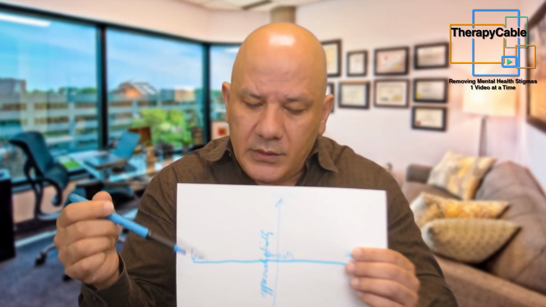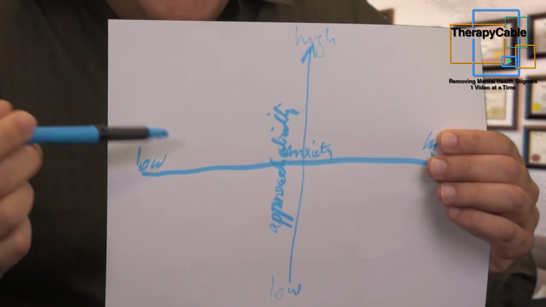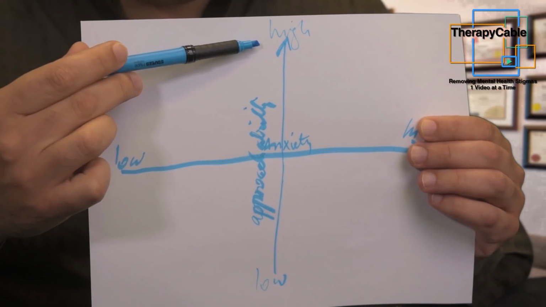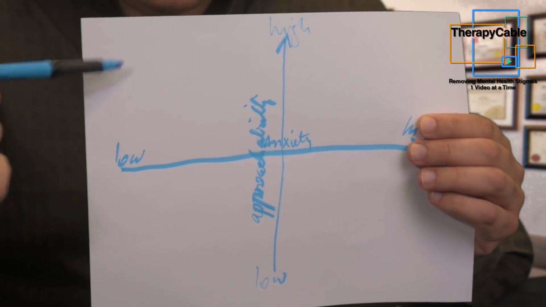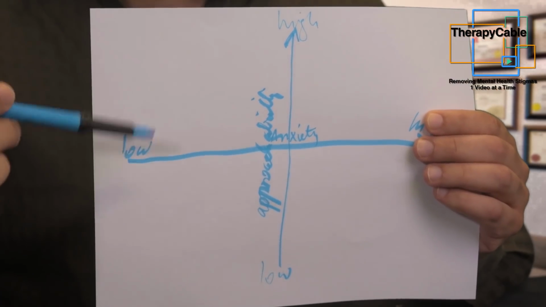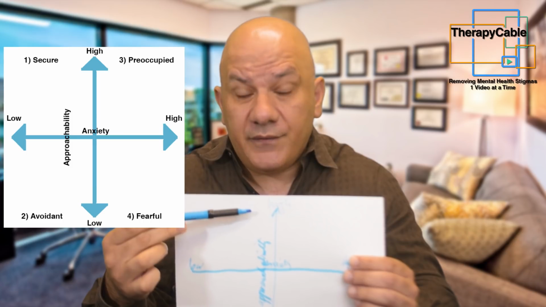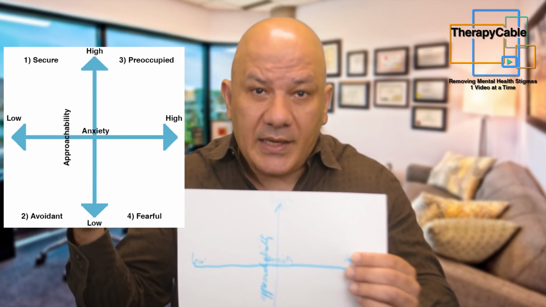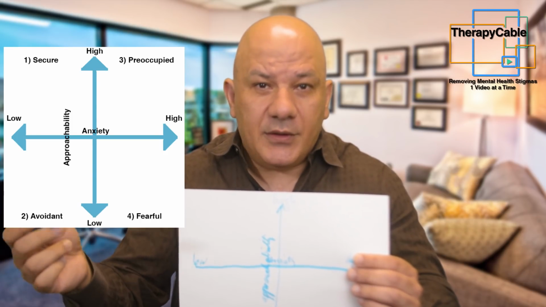So now let's go through this. If a child experiences low anxiety and also experiences that the caregiver is approachable, so low anxiety, high approachability, high emotional availability of the caregiver, then there is an inner experience of I don't have to worry about anything, this is safe, this is secure.